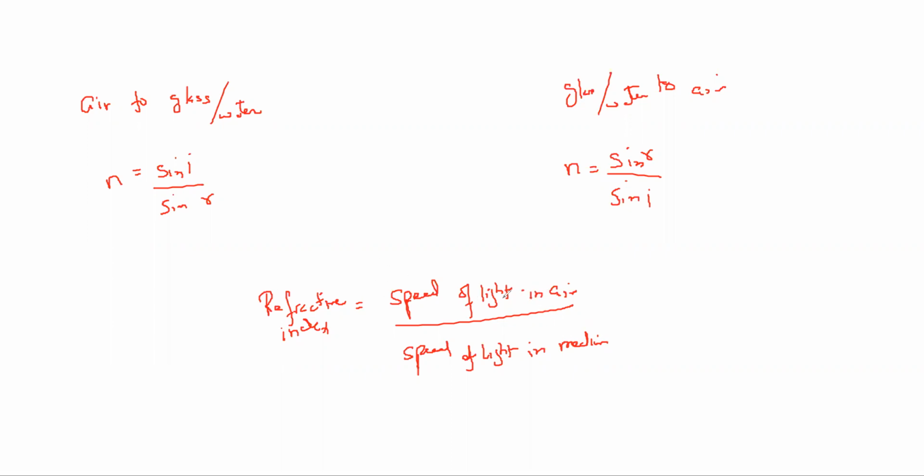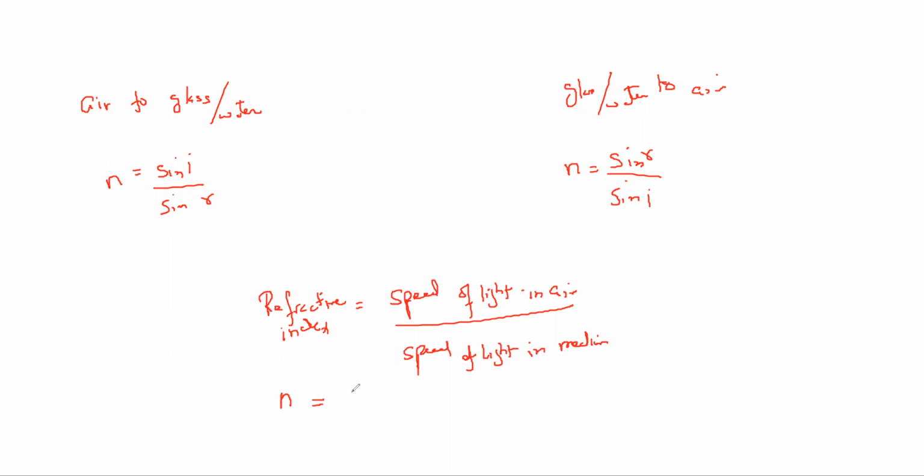So what is the speed of light in vacuum or air? 330 or, no, 340? 330 is for sound, but light is very super fast.